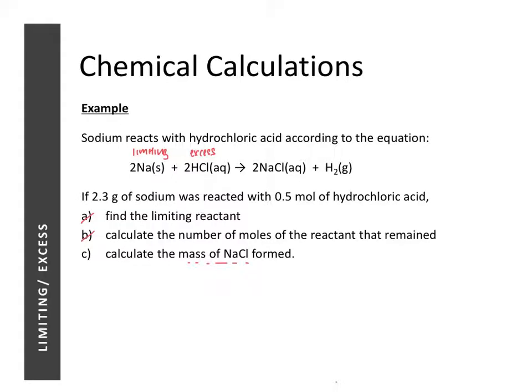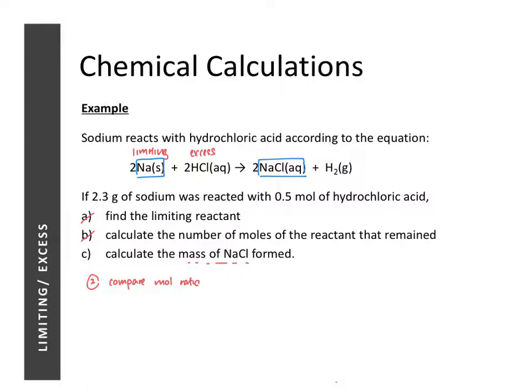We have already found the number of moles of your reactants. Step number 2 is to compare the mole ratio. What do we want to compare? We want to compare the mole ratio between the limiting reagent and what you want to find, which is your sodium chloride.